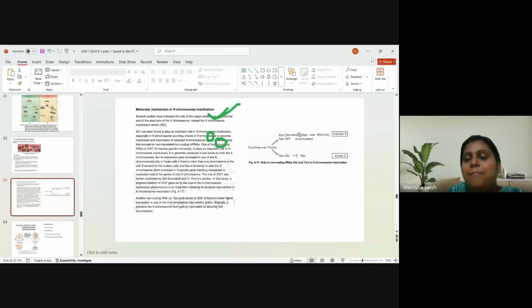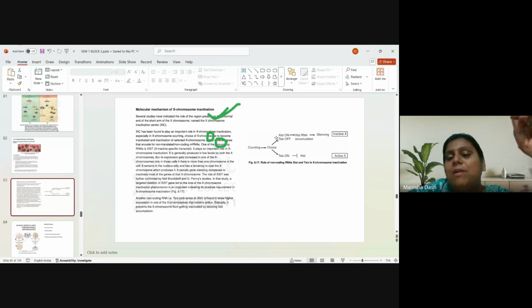Similarly, there will be an RNA present which will have a complementary sequence to one of the X chromosomes. Since both the X chromosomes are homologous and have exactly similar sequence, the XIST can act on either of the X chromosomes. It can act on the maternal, and it can act on the paternal also.